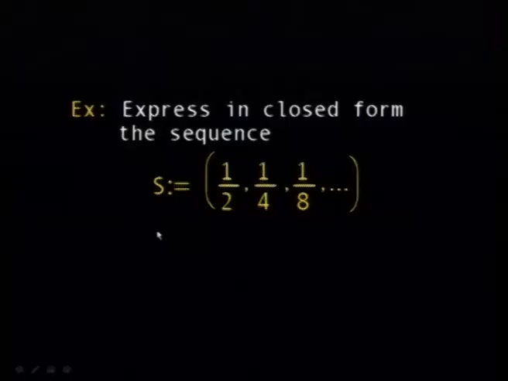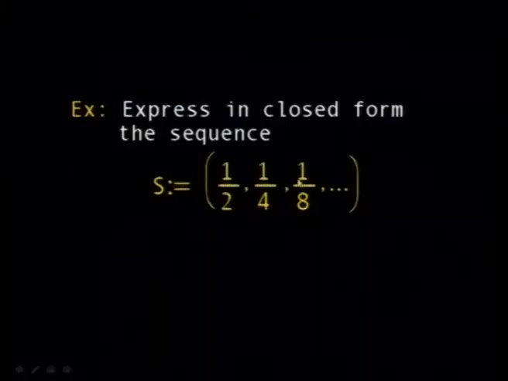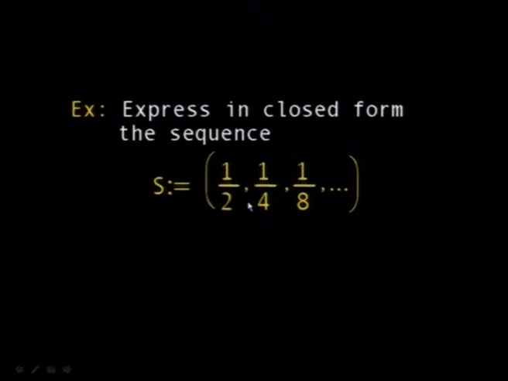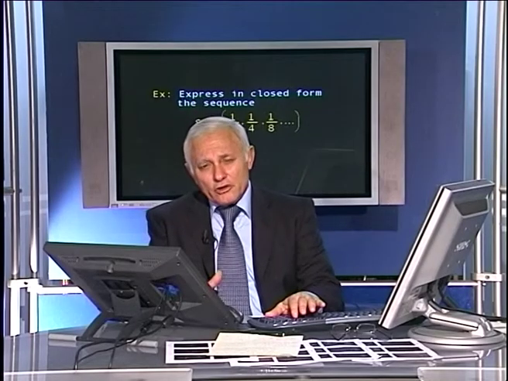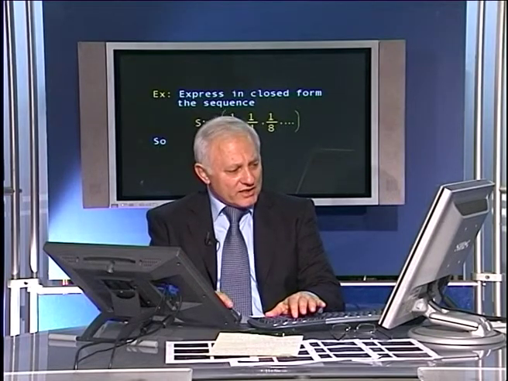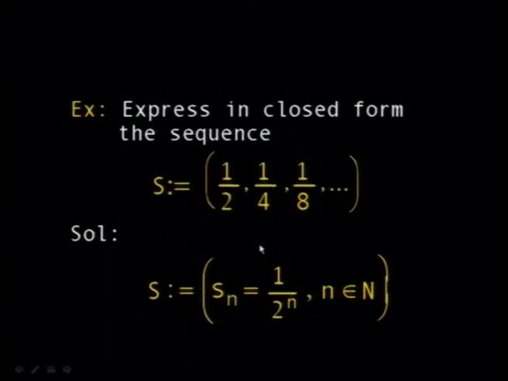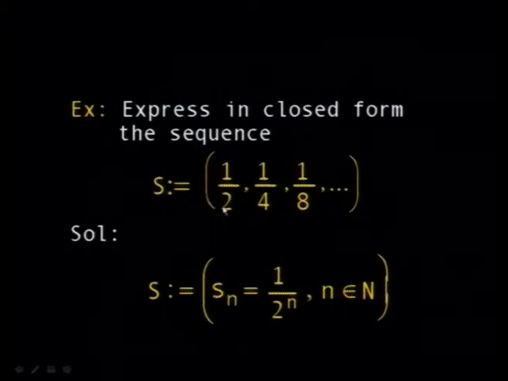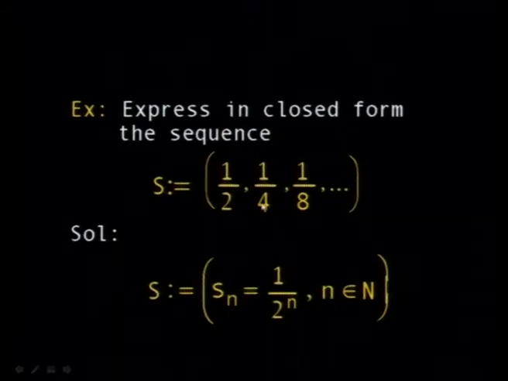For example, this is another sequence. Sometimes the sequence is given in terms of brackets, and they ask you to get the closed form of the sequence, or they give you instead the closed form, and you have to expand it to find all the elements of the sequence. For example, this sequence is called a geometric series, and this geometric series is convergent. Why it's convergent, we shall see. But this is the ratio here.